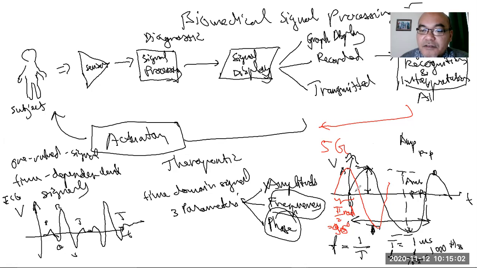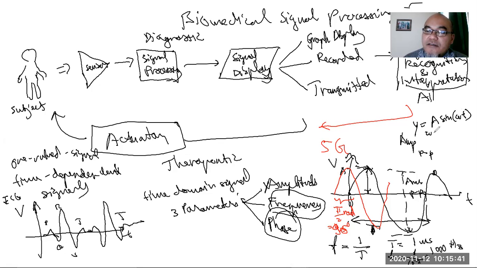Because at t equals 0, in a normal sinusoid, the sine of 0 is 0, right? But this red wave, at t equals 0, is already at sine 90 degrees, and sine 90 degrees is 1. So we can express the black wave, for example, as y equals A sine omega t, where omega is the radian frequency.